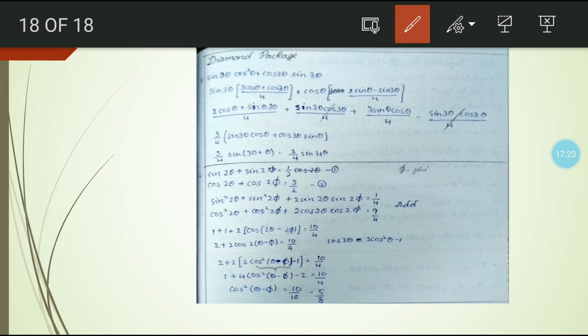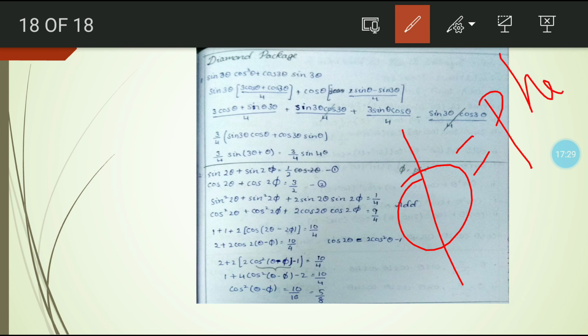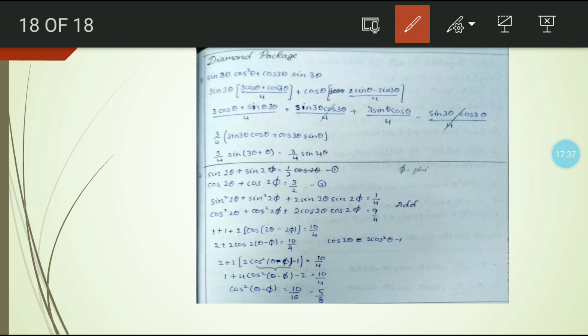And the next question also we will do like that only. If you want to know what the symbol is, it is nothing but phi. So if you want extra information, you can note this also. Then this symbol is included.